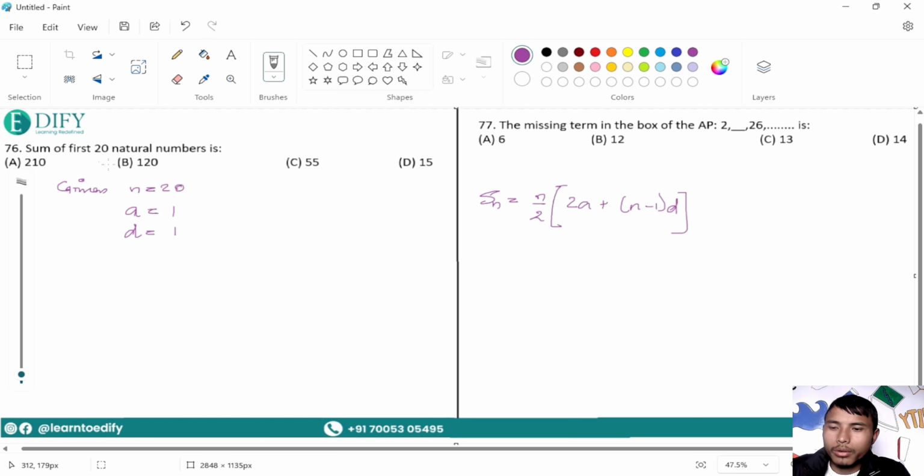Okay, so what will be the sum of the first 20 natural numbers?